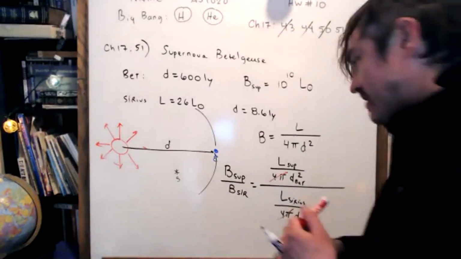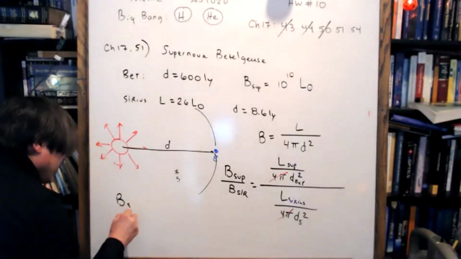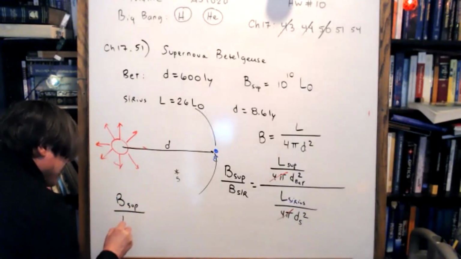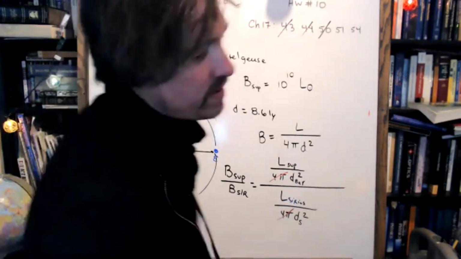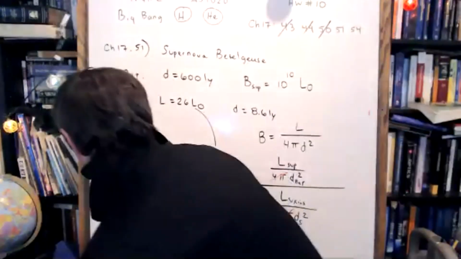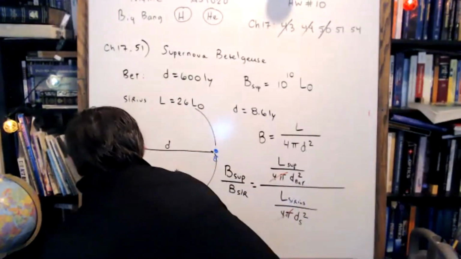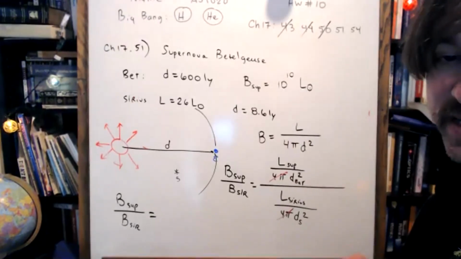Let's see if you can handle this. The brightness of the supernova over the brightness of Sirius, that's SUP, S-U-P for supernova. How do you want to arrange that, Vladimir or Mateus?